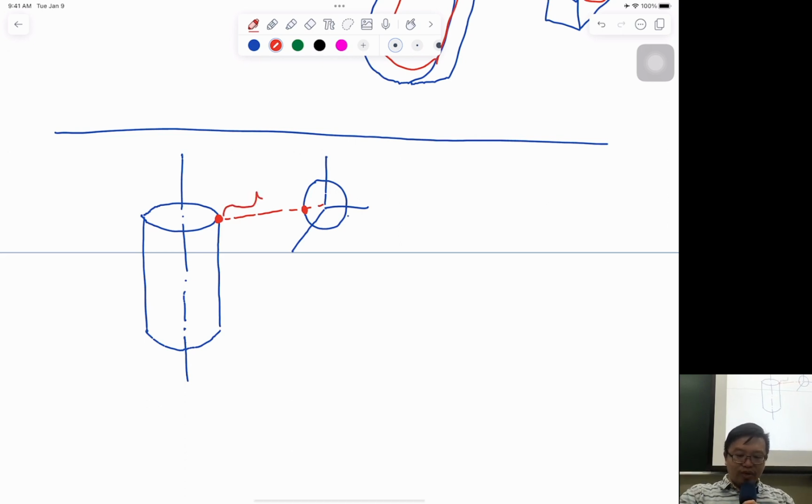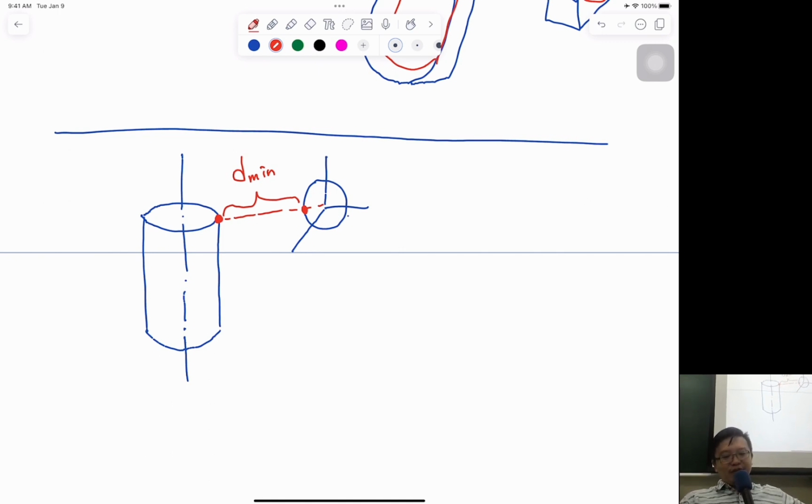So these would be the pair of contact points, the closest points, and this would be the shortest distance. I'm gonna call this D minimum. Okay, so the key is to find the shortest distance.